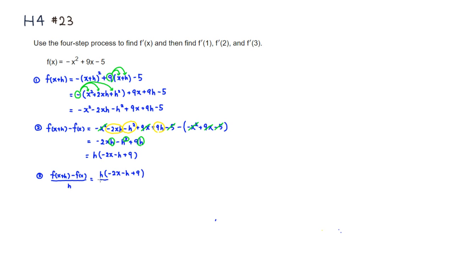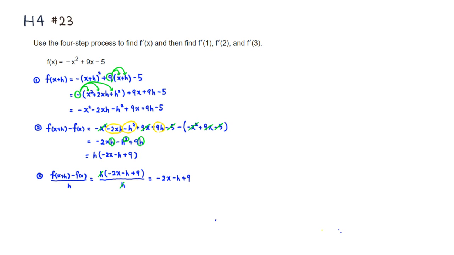Then divide the whole thing by h. So we can cancel h on top and h on the bottom. Then what you get is simply negative 2x minus h plus 9.